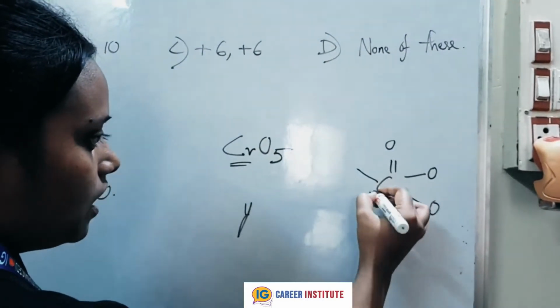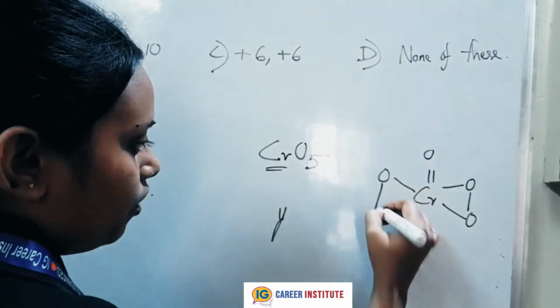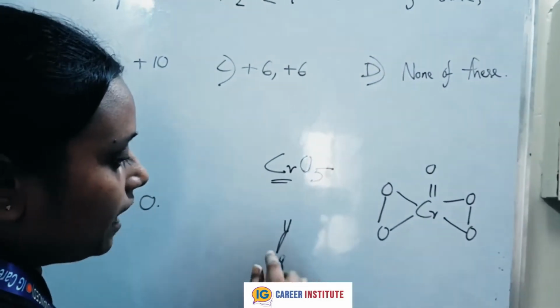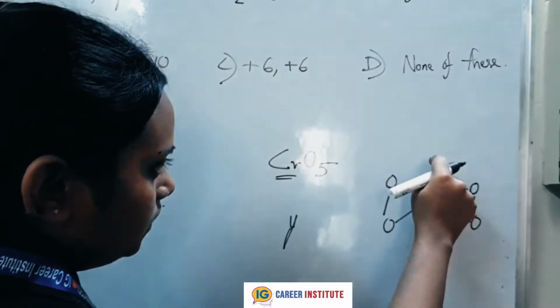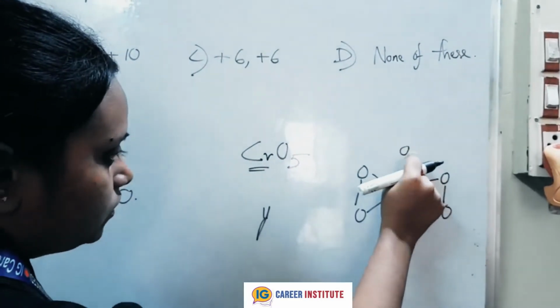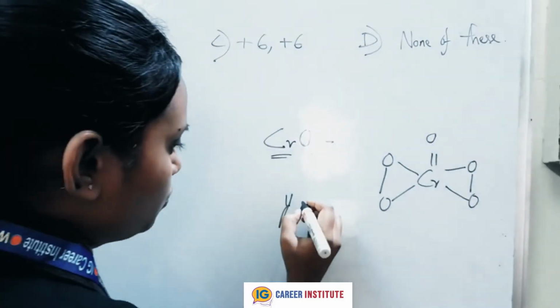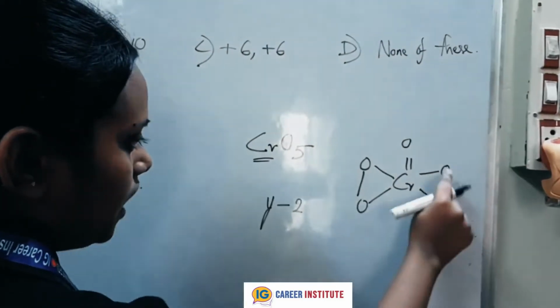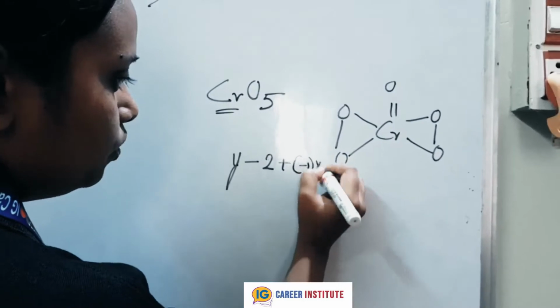There are four peroxide linkages. So for these 4 peroxide oxygens, we have to consider minus 1. And 1 oxygen is in divalent character only, the oxygen doubly bonded to chromium, with charge minus 2. So Y minus 2 for this oxygen, and for the other 4 peroxide oxygens, minus 1 into 4.